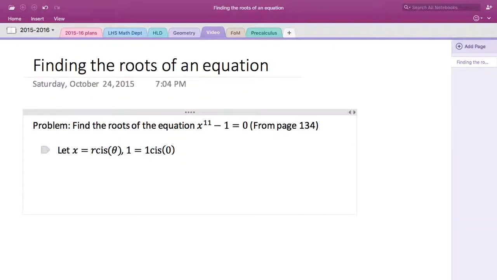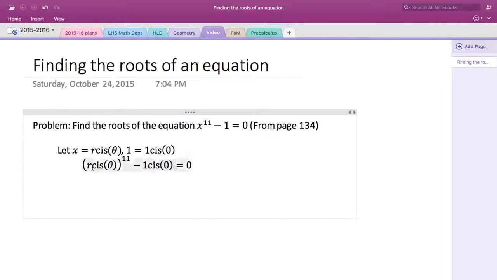Now substituting these will give us x to the 11th power, which is this one now. So r cis theta to the 11th power minus 1, which is 1 cis 0, which equals 0.